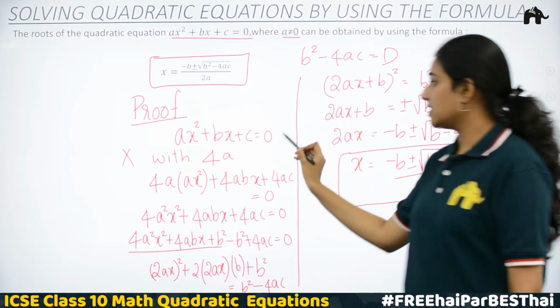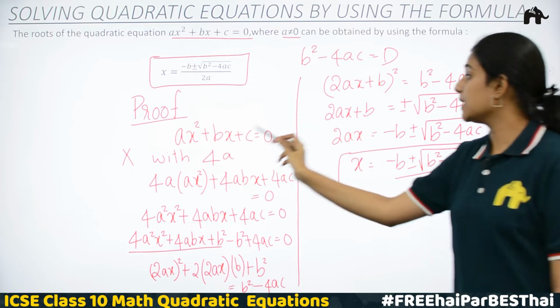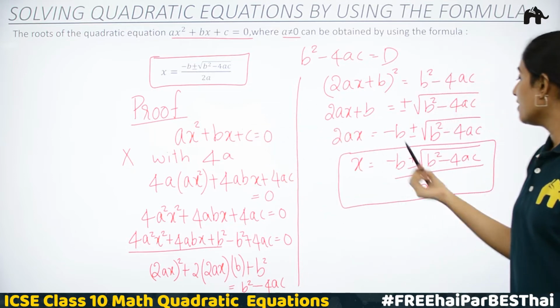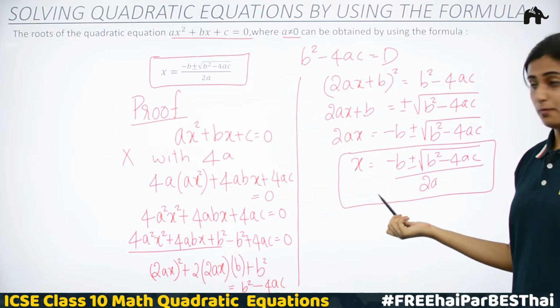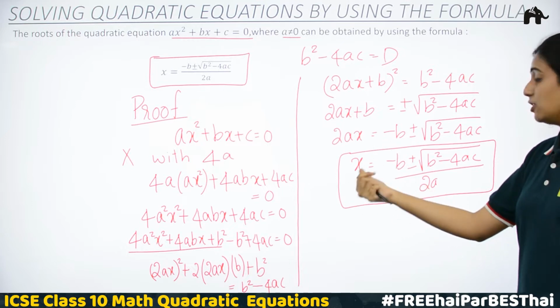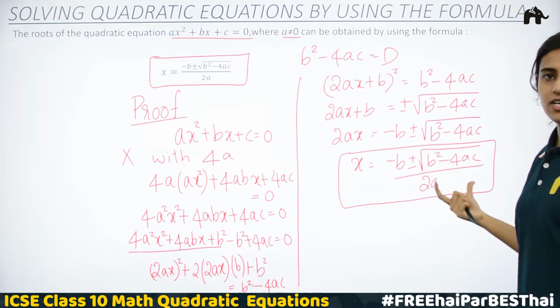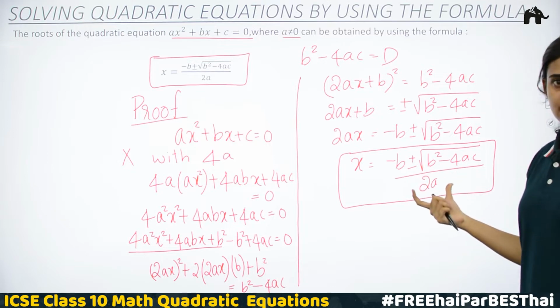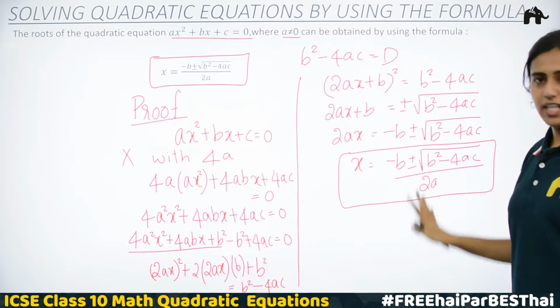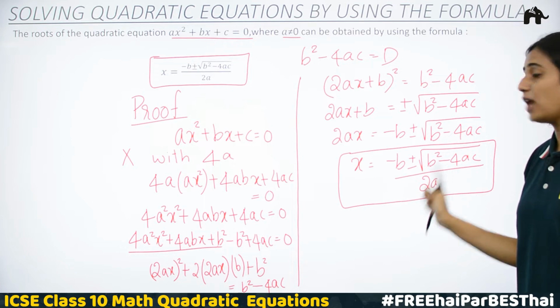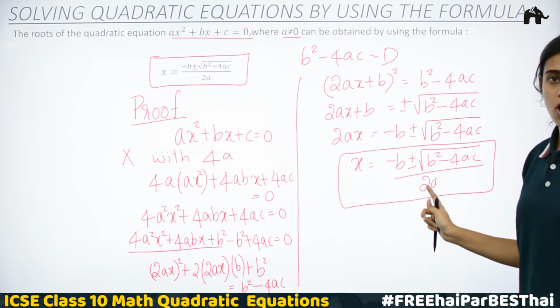From the quadratic equation ax square plus bx plus c is equal to 0, we obtain the quadratic formula. That is, we can find the value of x just by substituting a, b, c in this given formula. Clear? Just get an idea about this. We are just going to apply this formula to solve questions.